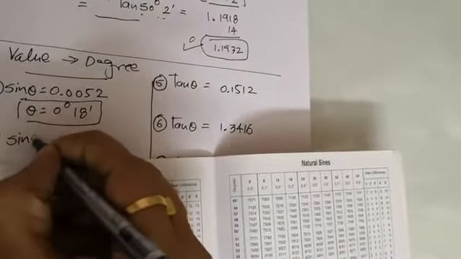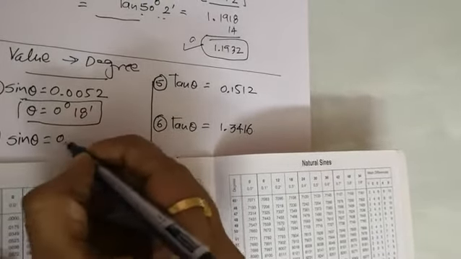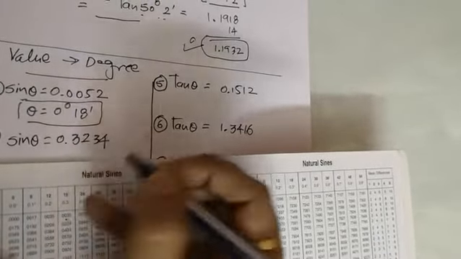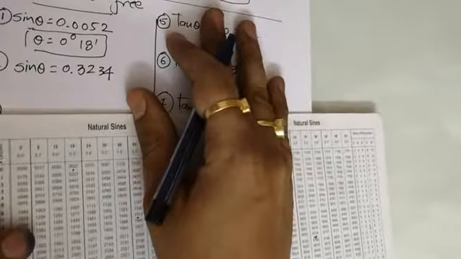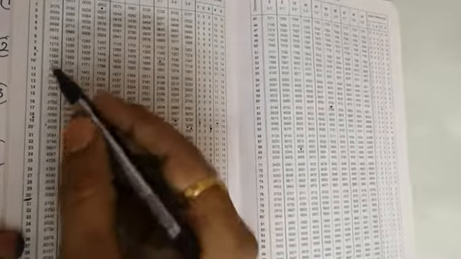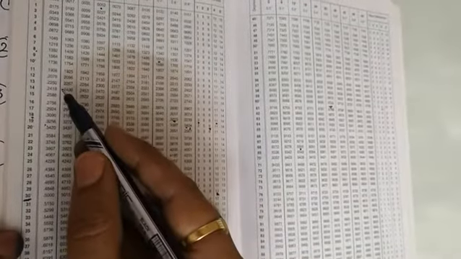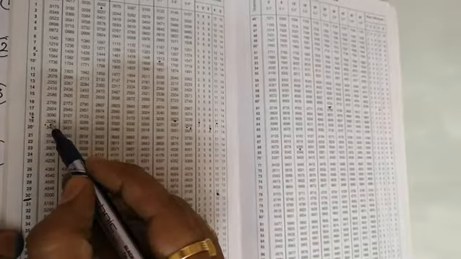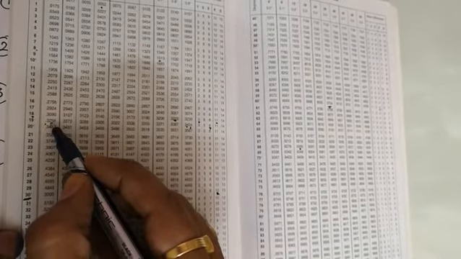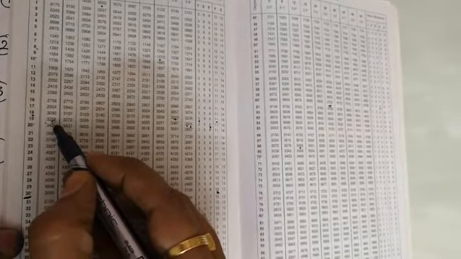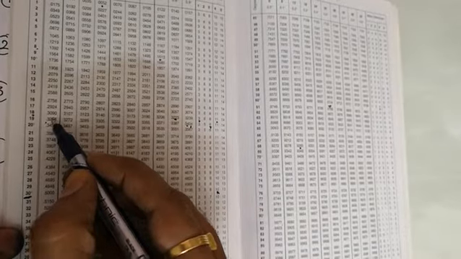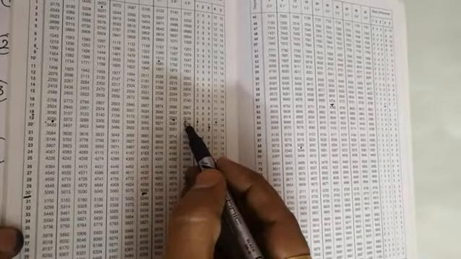Let's say sine theta equals 0.3234. We want to see 32 and 34. First of all, we have to see wherever 32 can be. Let's say I found 3256, but 56 is a larger value. We don't want that, so we have to go further. It is 3239.